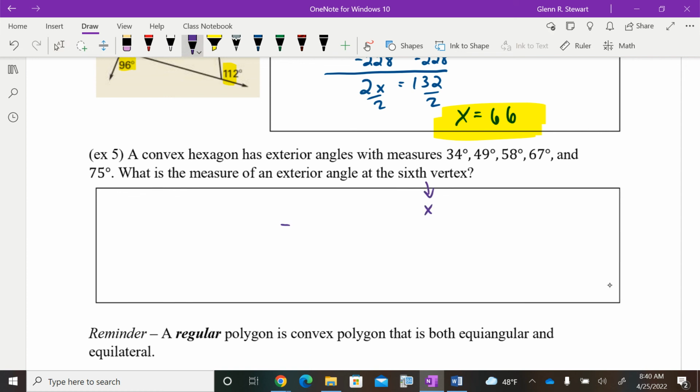And then what are all of those equal to? Altogether, it's equal to 360. Okay. So now let's add these up.